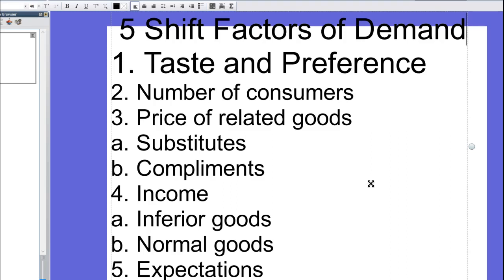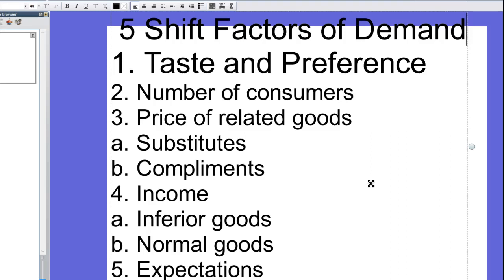Just remember, inferior goods, think about generic product, the store brand, the Laura Lynn, the value brands. The normal goods are your name brands that cost a little bit more. So that's how you break that down.